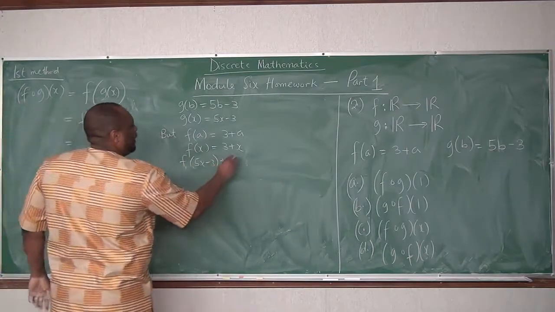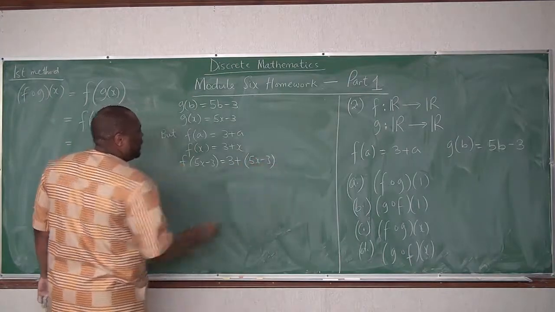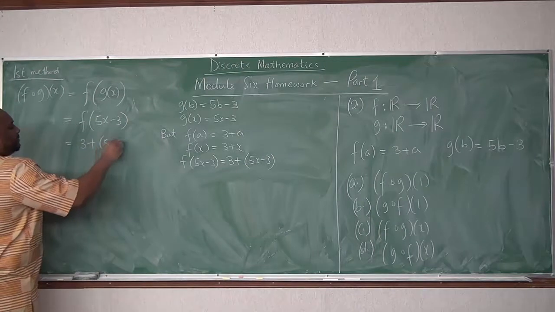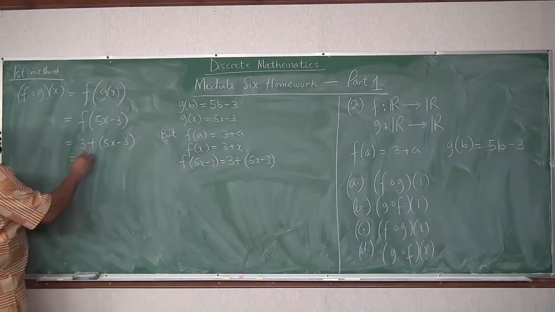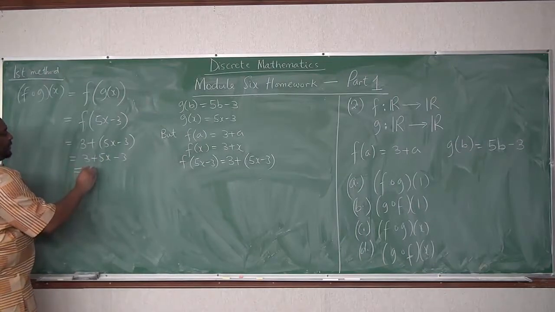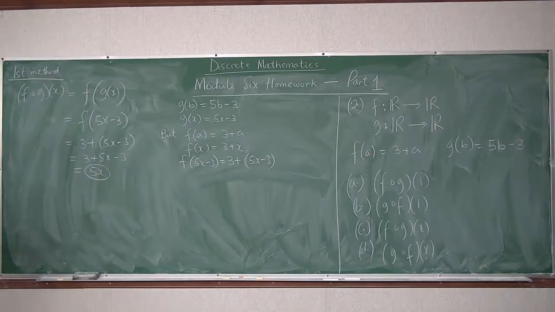So this will be 3 plus, you put parentheses, 5x minus 3. So this will give us 3 plus 5x minus 3, and this will give us just 5x, because 3 minus 3 is 0.